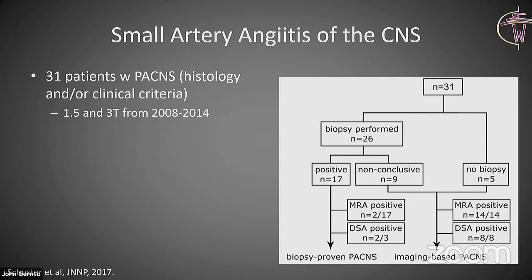A majority of them had biopsies, some had no biopsy, and most of them had both MRA and catheter angiography. What they found was that patients with positive biopsies generally had negative MRAs and DSAs, and patients with no biopsy or non-conclusive biopsies generally had positive MRA and positive catheter angiography.